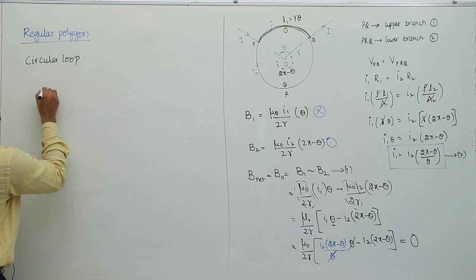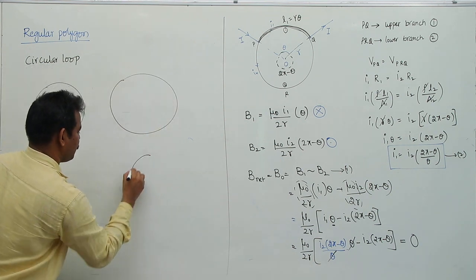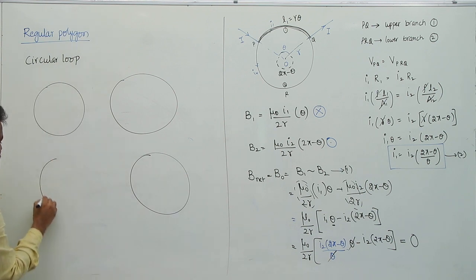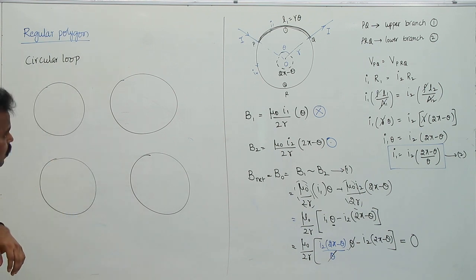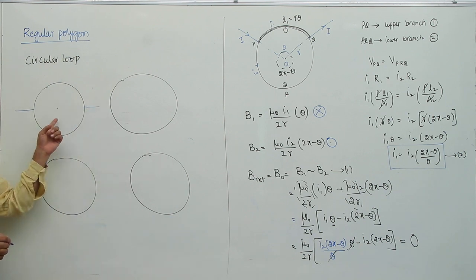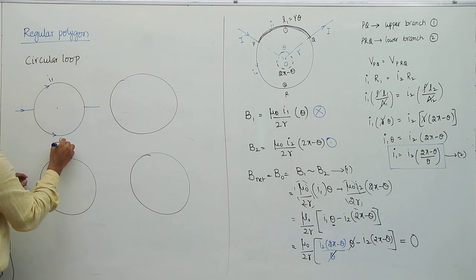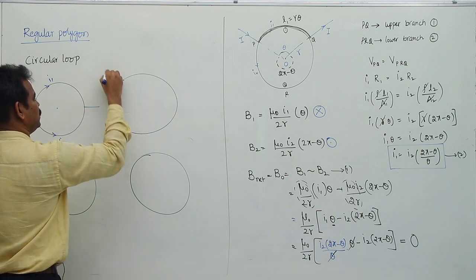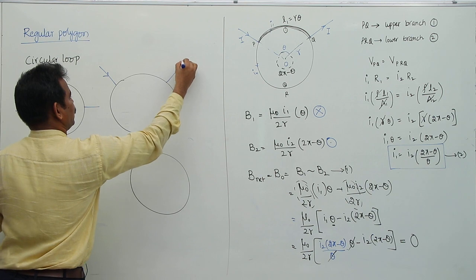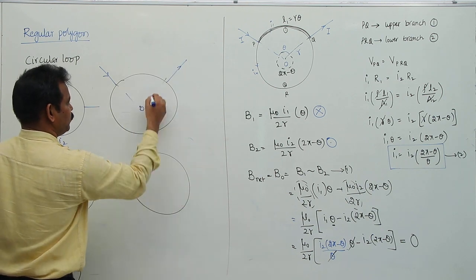For example, if you take a circular coil here, here, here, here. Now, if you connect this battery here, already we proved this magnetic field will be 0. Why? Because the current divides equally here. But here just now we proved this. If you connect a battery somewhere here and at the center, the magnetic field is 0. So we proved it.